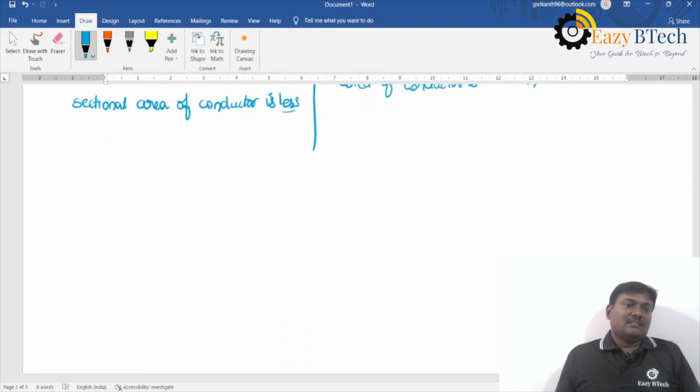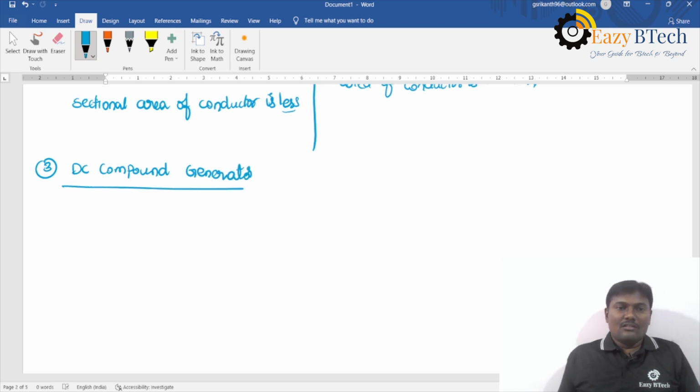And the third one is the DC compound generator. So still now we have discussed the armature winding and shunt field winding or series field winding. Now in a DC compound generator, we have three windings.